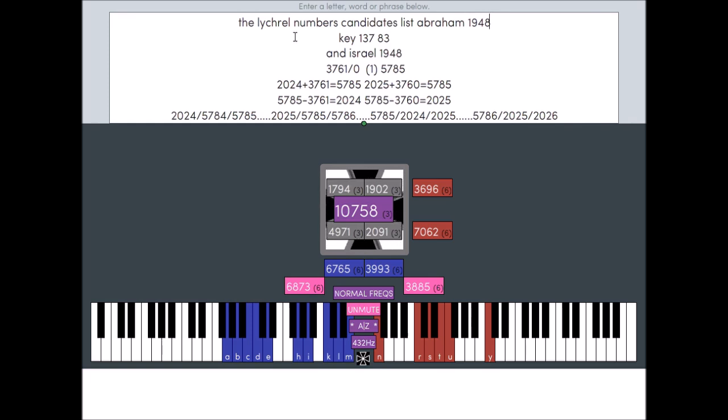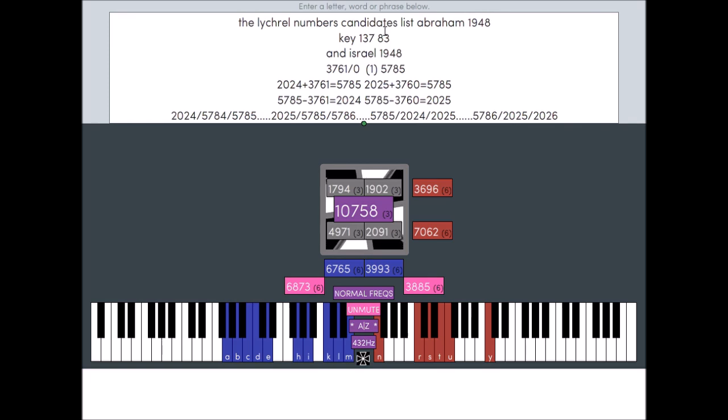That conception, the idea, was conceived, thought of in 1947, before it was born in 1948, right? That is the whole deal that is going on between the Lychrel numbers candidate list and our calendars, and when things are happening according to the different times, right?